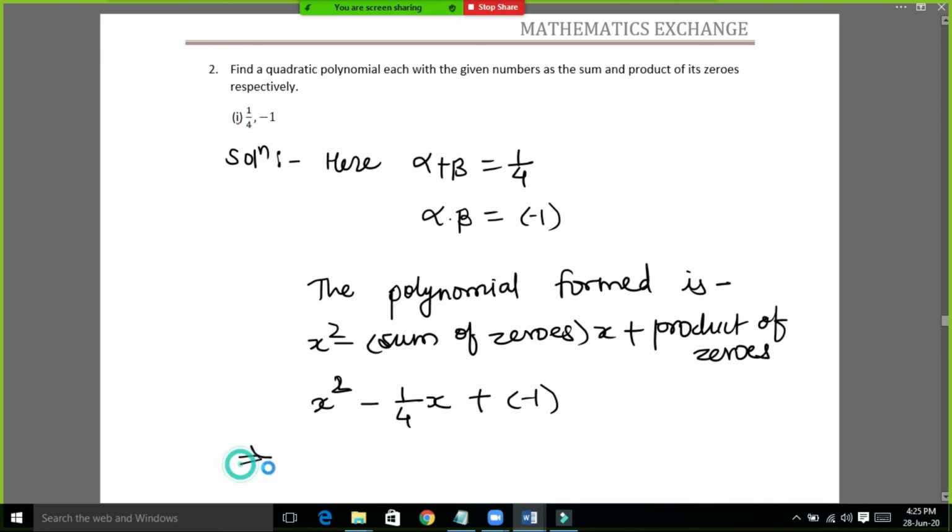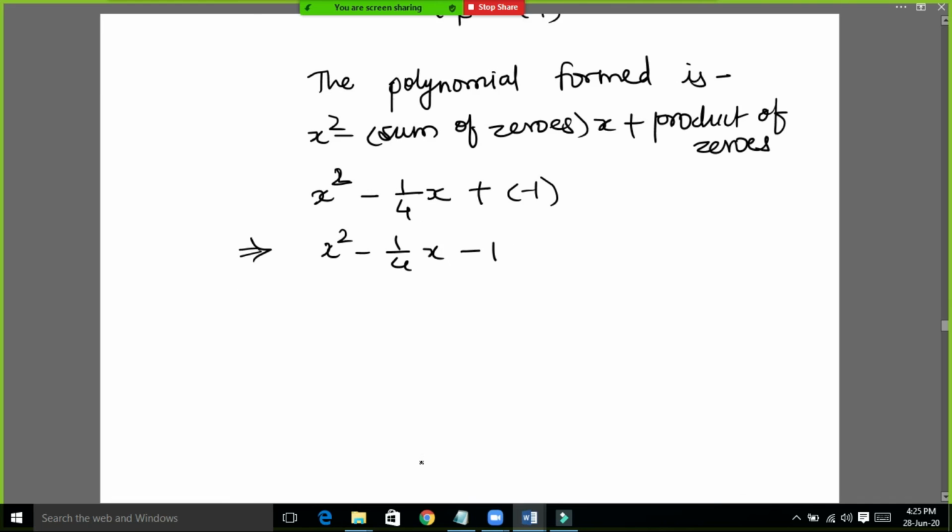Therefore we get x² − (1/4)x, and now this plus minus becomes −1. Since the middle term has the coefficient 1/4, we have to take some constant k for this polynomial.